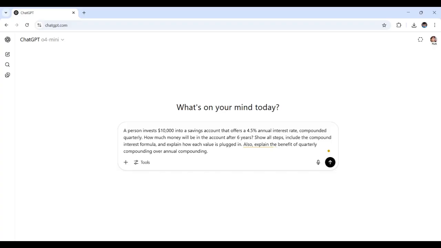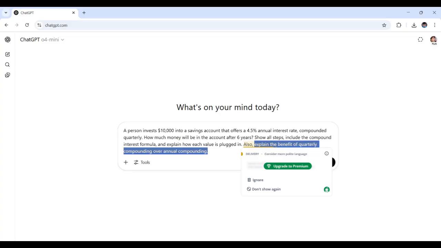How much money will be in the account after 6 years? Show all steps, include the compound interest formula, and explain how each value is plugged in. Also, explain the benefit of quarterly compounding over annual compounding.